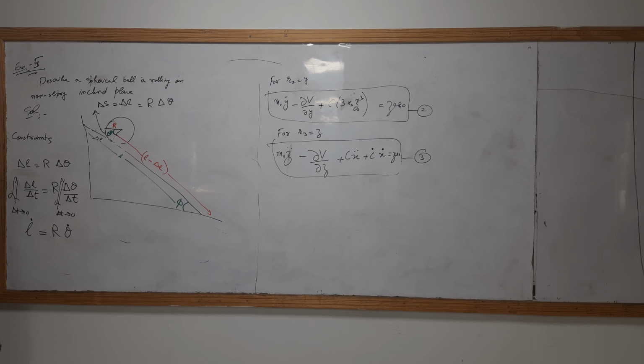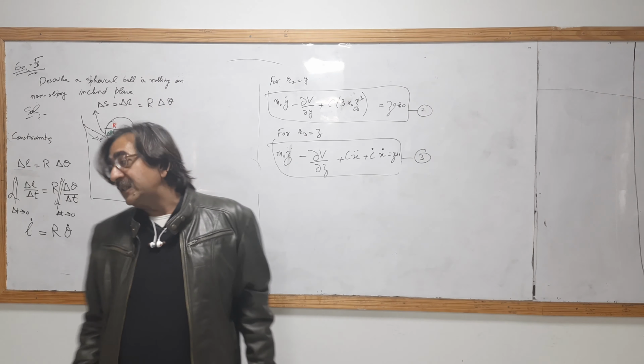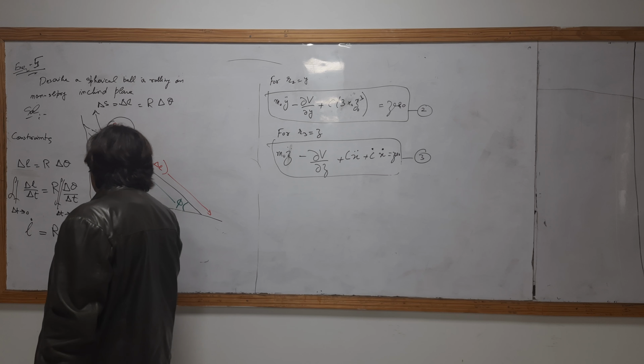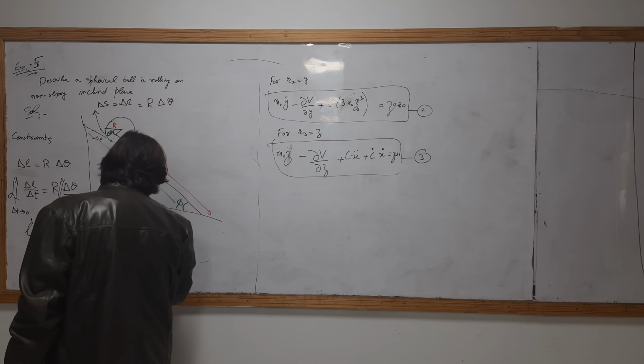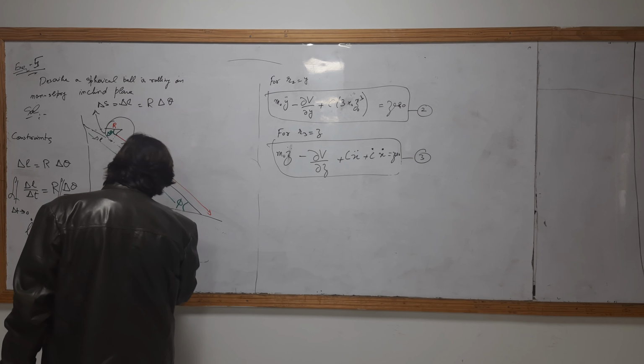The constraint equation becomes L dot minus R theta dot, which is weakly equal to 0.